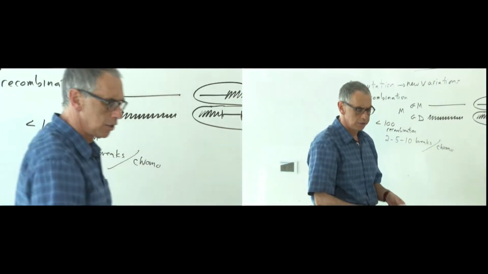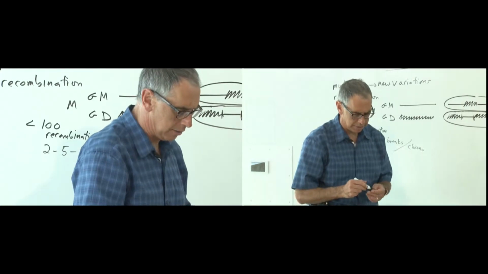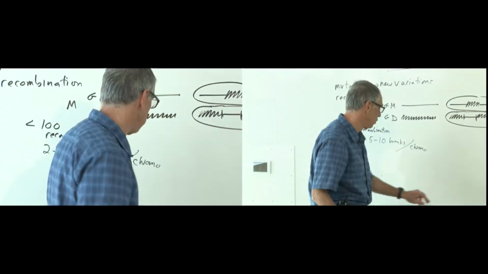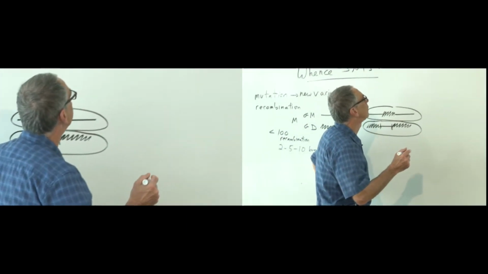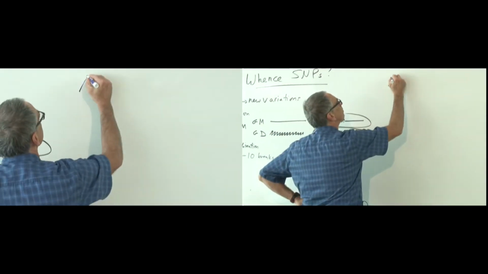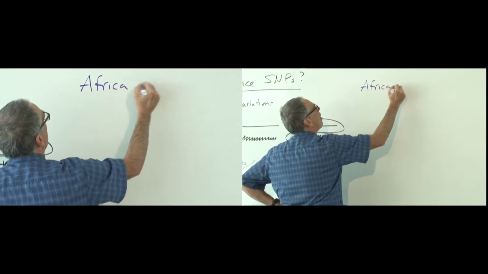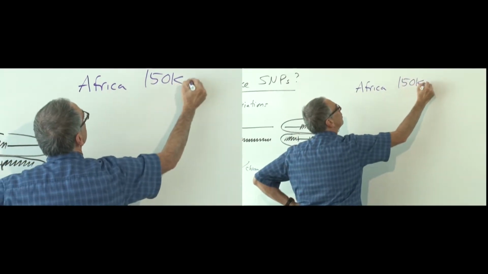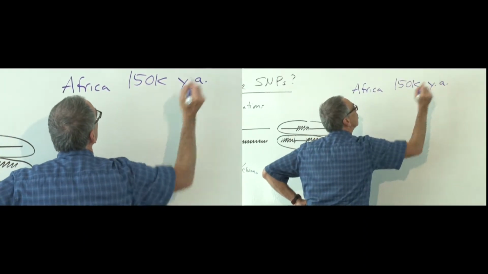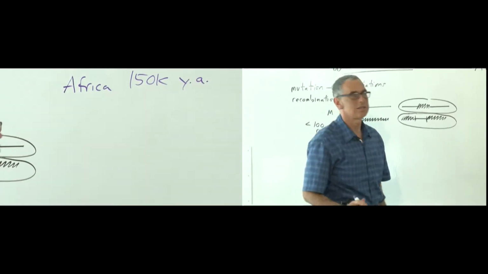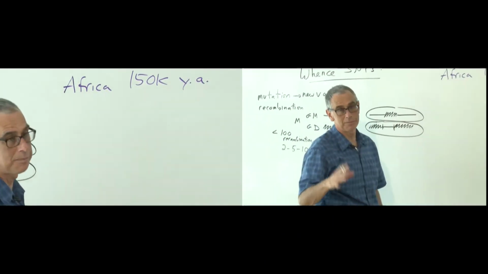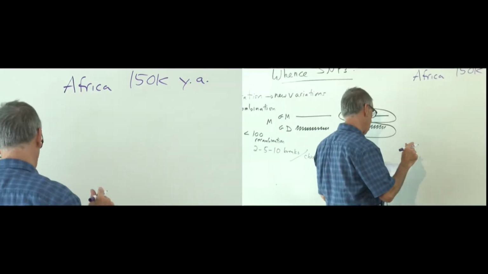Okay, so now let's think about the evolution of the human race. And we're going to go back to Africa 150,000 years ago. And there's a small group of humans. They're not taking many drugs. They're probably eating a lot of stuff from the wild.